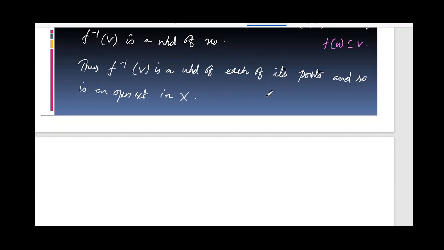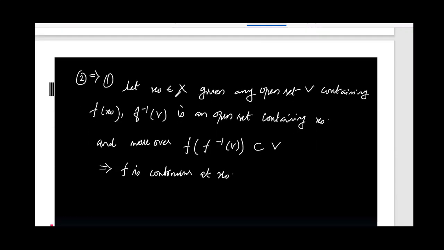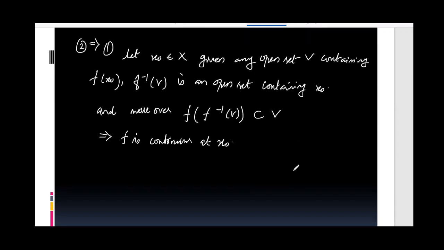So we have assumed the second condition: x naught belongs to X, given any open set V containing f of x naught, then f inverse of V is an open set containing x naught. If that is the condition, then f of f inverse of V should be contained in V. So this together implies f is continuous at x naught.